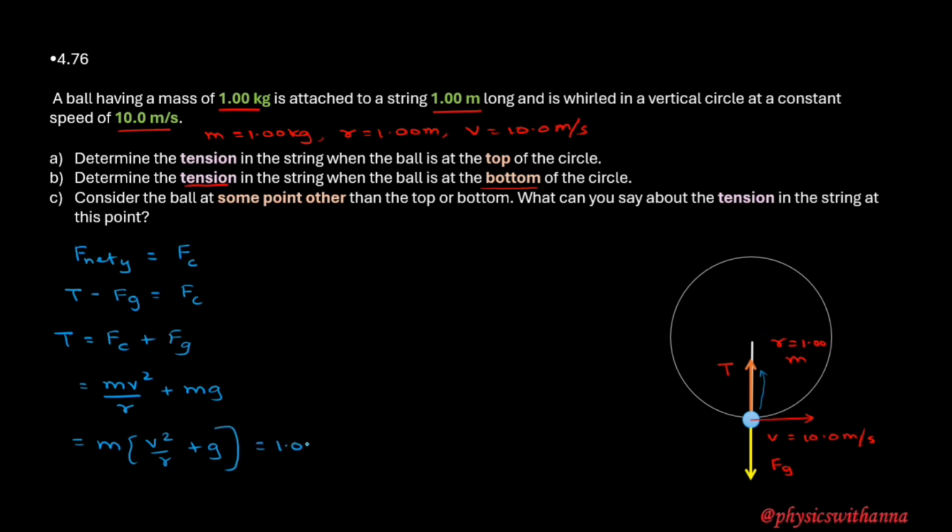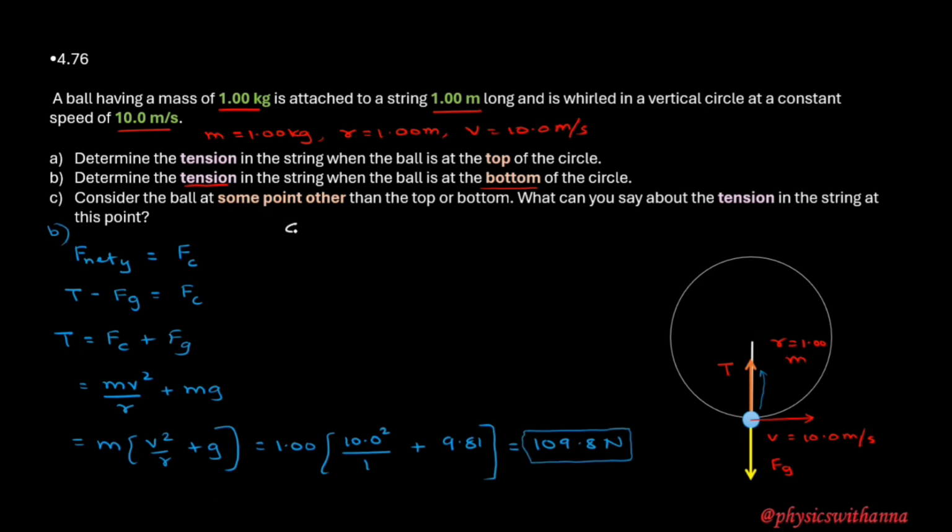M is 1 kilogram, v is 10, so 10 squared, r is 1 meter, plus g, which is 9.81. I already considered the negative sign of g in the equation of net force, so you do not substitute this g as negative again. Solve and you get the tension in the string to be equal to 109.8 Newton. So this is the tension at the bottom of the string.